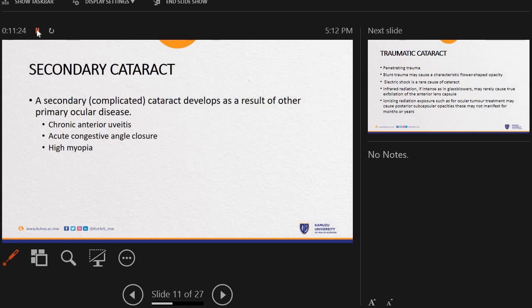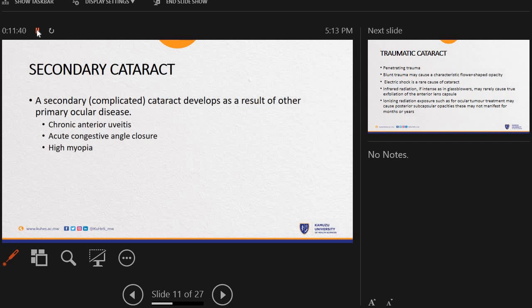A secondary cataract develops as a result of other primary ocular disease. For example, diseases like chronic anterior uveitis, which causes inflammation, can affect the lens as well.